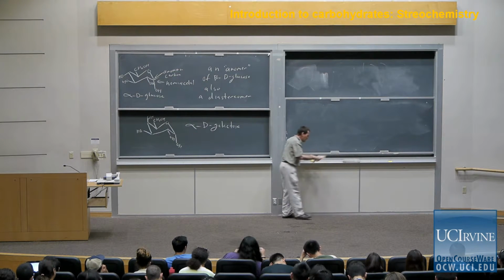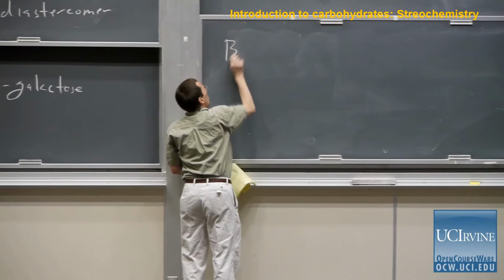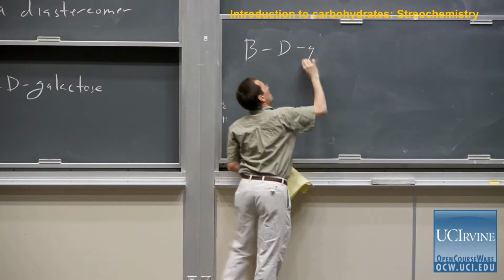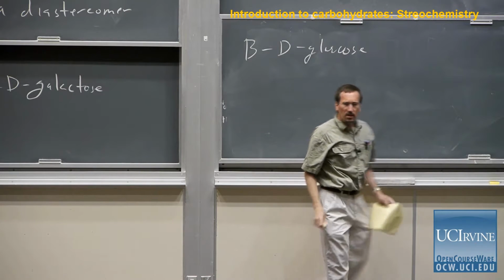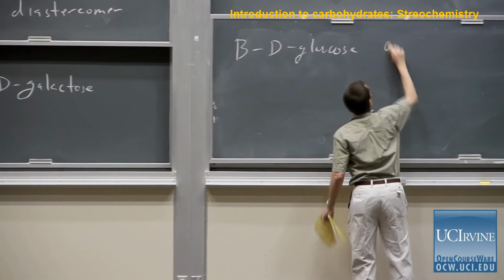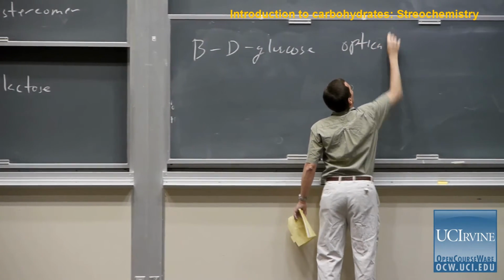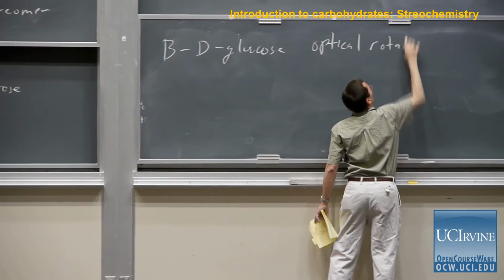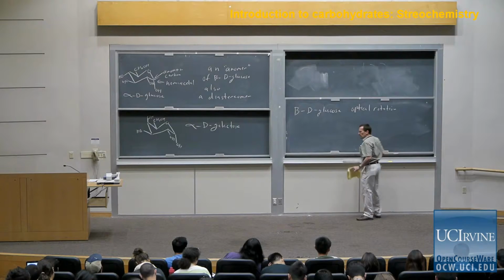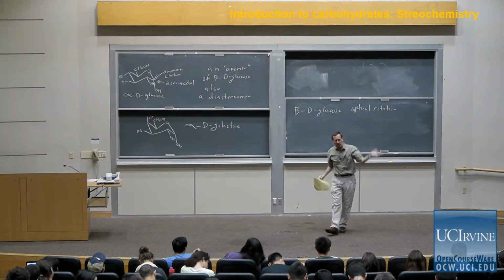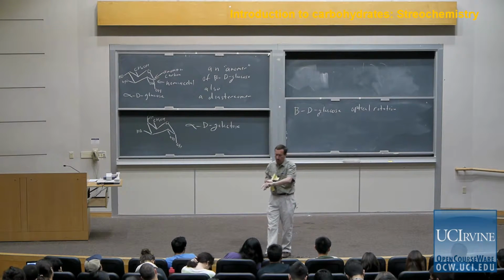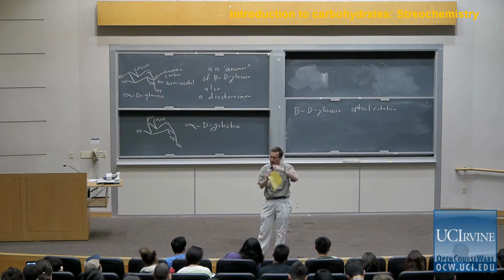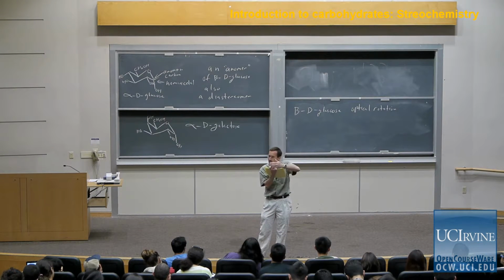And actually, let me build on that a little bit. So beta D-glucose has an optical rotation. Optical rotation means the amount that you rotate plane polarized light. If you've ever taken a pair of polarized sunglasses and crossed the lenses, you know that when you get to a 90-degree angle, light doesn't come through.